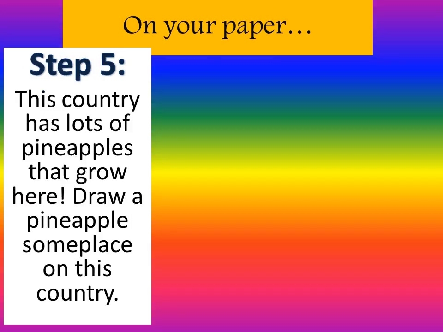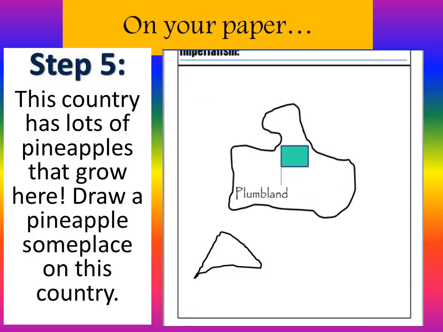Okay, step 5. This country has lots of pineapples that grow here. Draw a pineapple someplace on this country. Now, you might say, I don't know how to draw a pineapple, Miss Plum. Well, I'm not a good artist either. I drew this, though. It just has a small base, and then I crisscrossed it, and then it has a funny looking top.